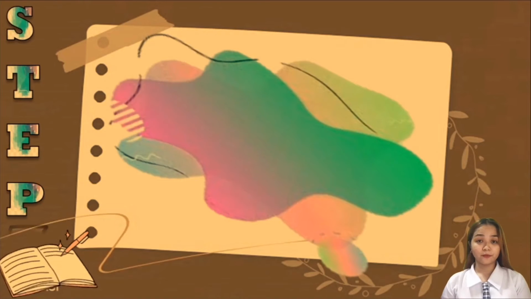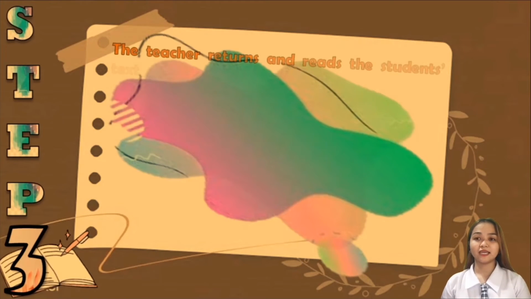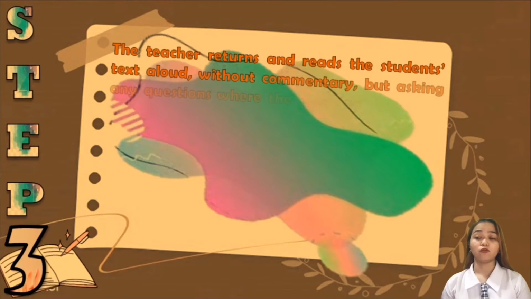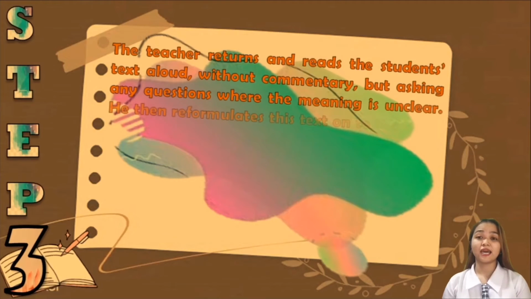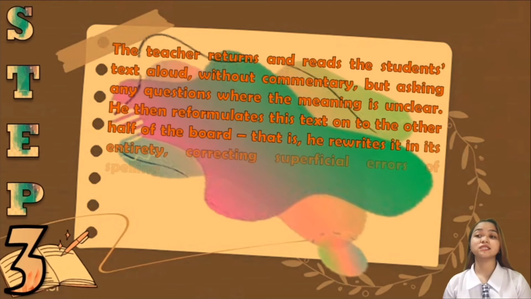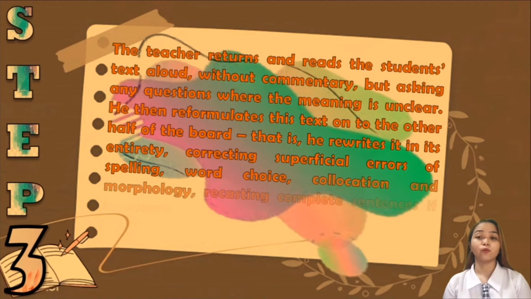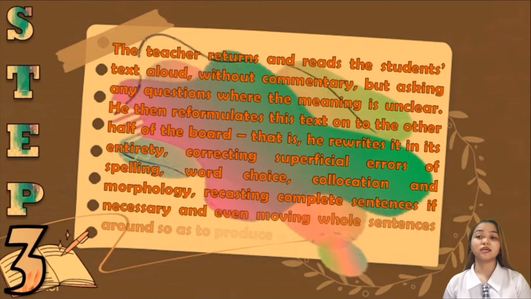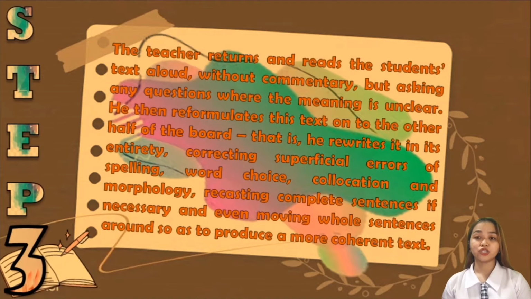For step 3, the teacher returns and reads the students' text aloud, without commentary but asking any questions where the meaning is unclear. He then reformulates this text on the other half of the board, that is, he rewrites it in its entirety, correcting superficial errors of spelling, word choice, collocation or morphology, recasting complete sentences if necessary, and even moving whole sentences around so as to produce a more coherent text.